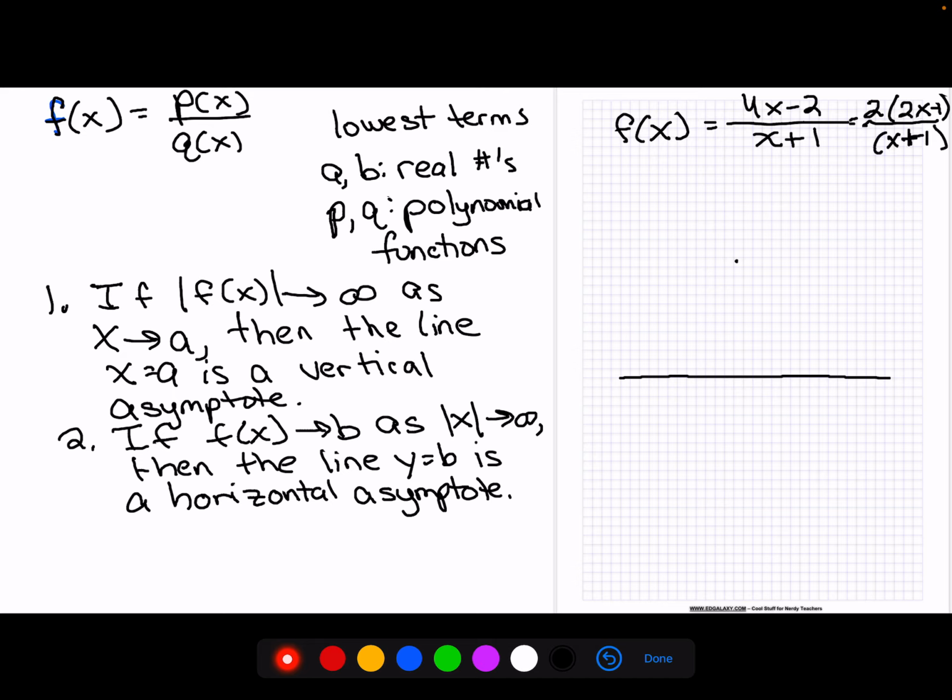That's not going to reduce. So it's in lowest terms. And the 4x minus 2 and the x plus 1 are both polynomial functions when they stand alone, and then put one on top of the other, make this rational function f of x.